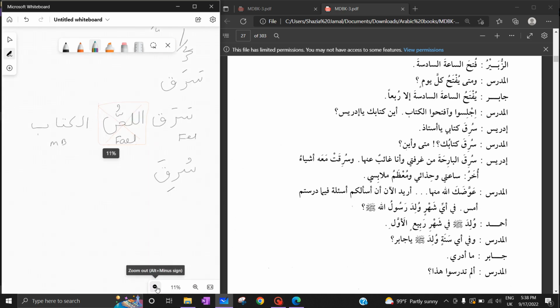The kitab, the maf'ul bihi, takes the place of the fa'il. Since it has a fatha in mansoob case, what happens? This maf'ul bihi takes the place of the fa'il.